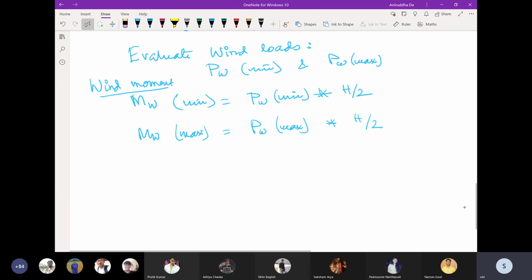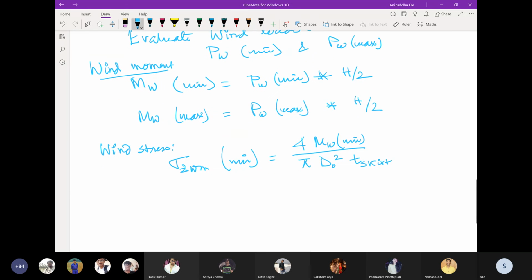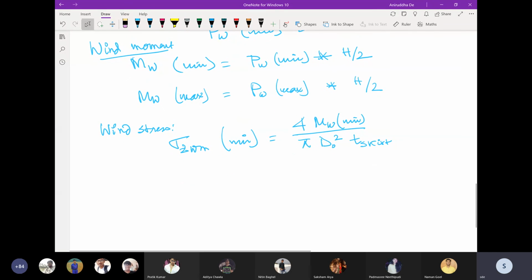So you can evaluate the wind stress. Sigma ZWM minimum should be equal to 4 MW minimum divided by pi d naught square T skirt. Here d naught is the outer diameter of the shell.